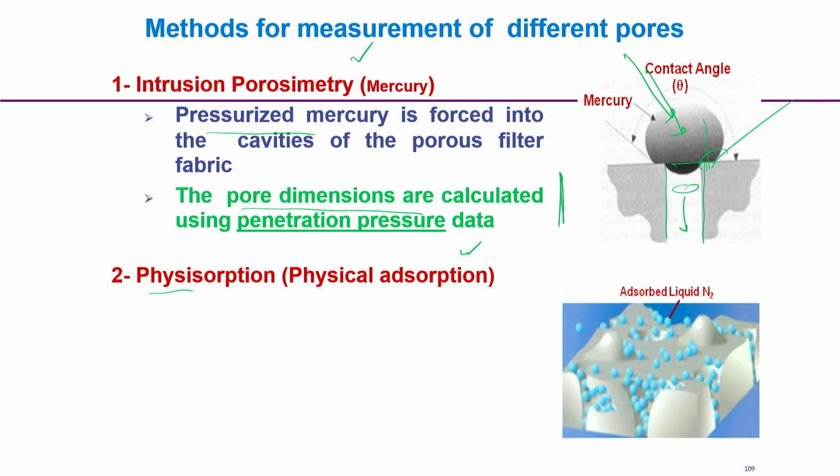Here you can see adsorbed liquid nitrogen. Liquid nitrogen is used here and it gets adsorbed at the surface of the fiber. So, the pores are there, and at the surface the liquid nitrogen gets adsorbed.